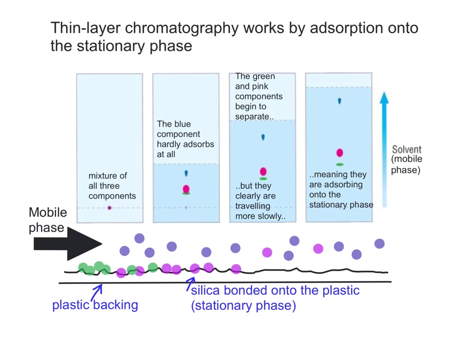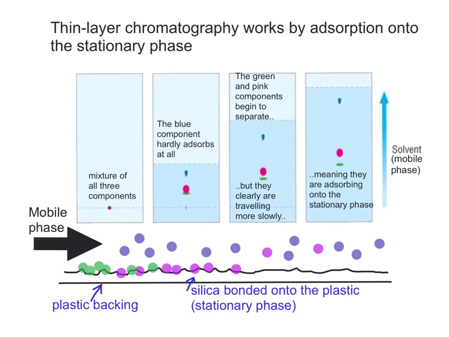stationary phase. So the illustration at the bottom of the page attempts to replicate what's going on in the image that's on the screen. By the time you get to the end of the chromatogram, in other words, the process has happened, and the chromatogram is the TLC plate with the separated components on it, you can see quite clearly that the pink and green components have adsorbed onto the stationary phase more effectively than the blue component, which has continued to travel with the solvent up towards the end.